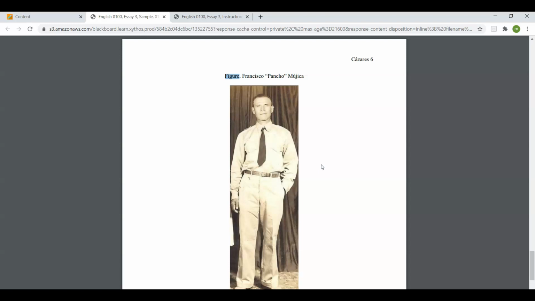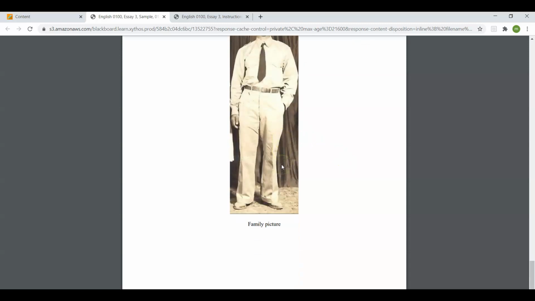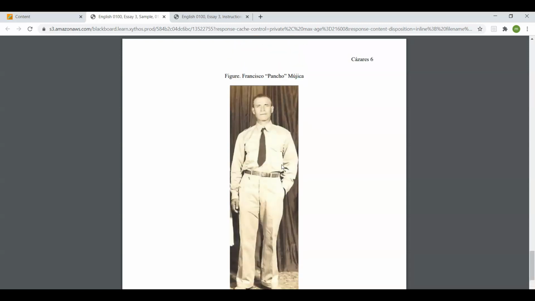And so this is the figure. I could have put a graph or a chart with some information related to something I'm talking about in the essay. But I thought the best thing to put is a picture of the man himself, the person that my essay is about.